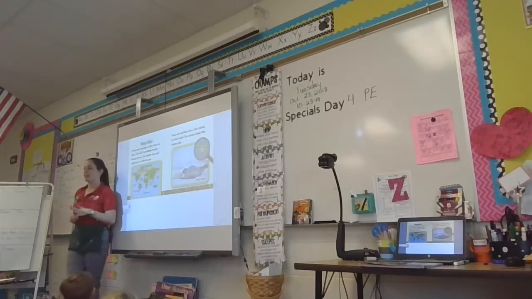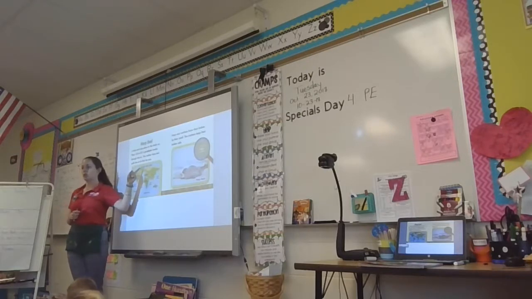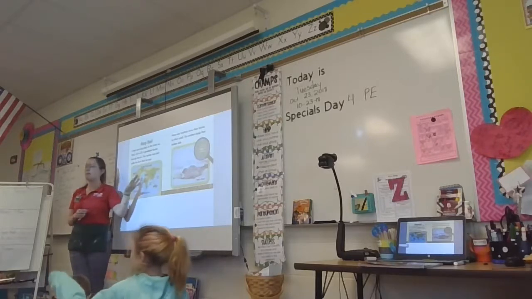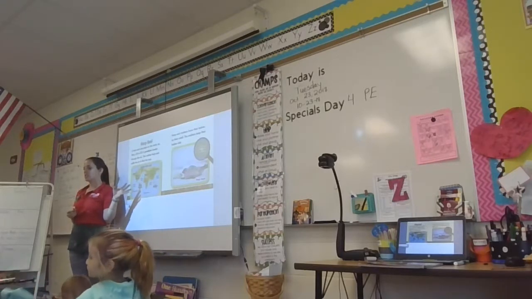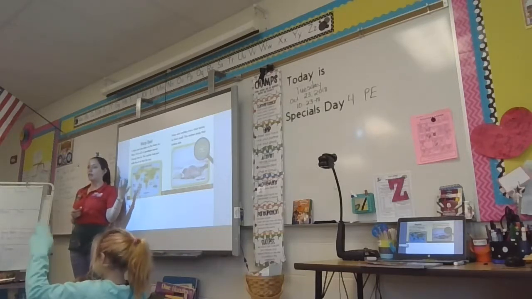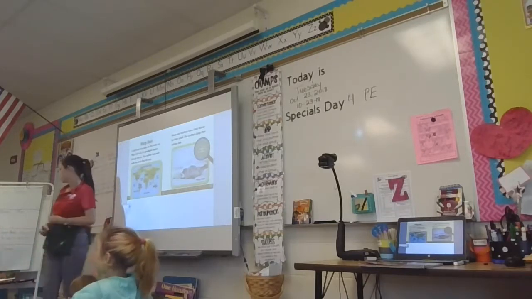So what is this map telling us? Right, so it tells us where who lives. The harp seals, right. So why would a map be a text feature? Right, so you know where you can find the animals. Good job.